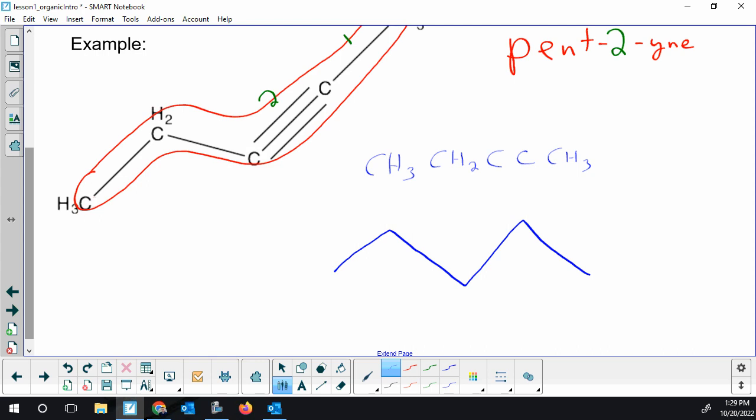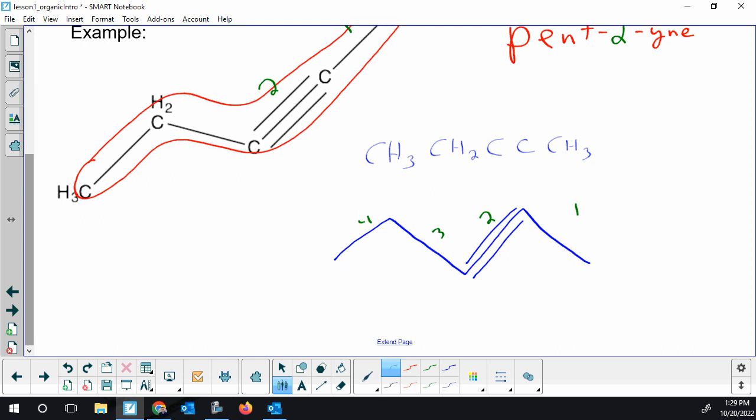Our bonds, I'll put in a different color because they're not part of the answer. 1, 2, 3, 4. Now that count helps guide you to put the double bond in on the second one. So that is correct. It mirrors or matches the drawing I did.